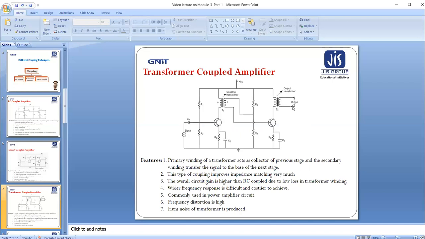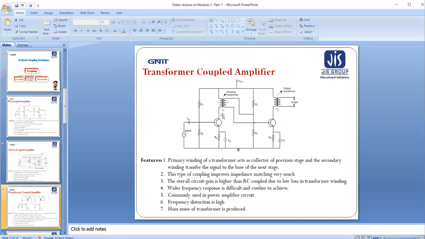But for high frequency it will create some disturbance, because when the frequency is higher, XL will be higher, so the transformer will produce sufficient power loss here. So this type of coupling is specially used for low to mid frequency.